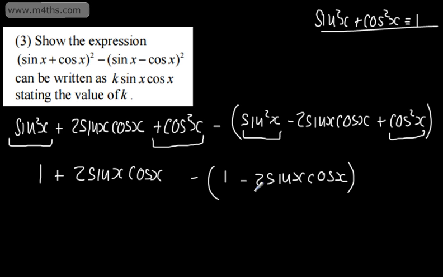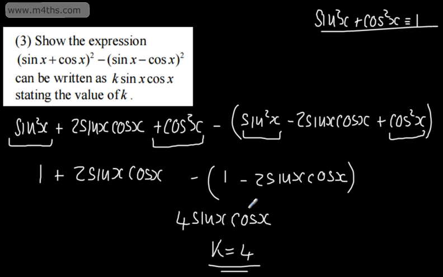So we end up, if we do 1 minus 1, that's 0. 2 sine x cos x minus negative 2 sine x cos x is going to give us 4 sine x cos x. And we can write now that k will be equal to 4.